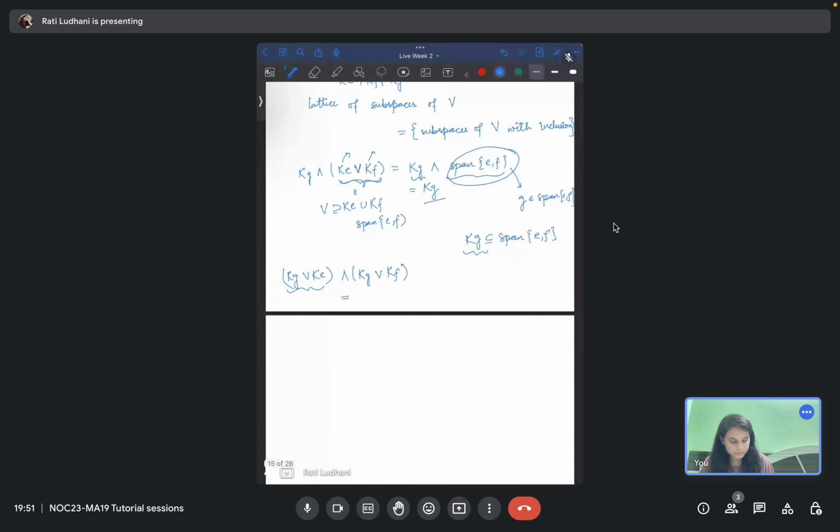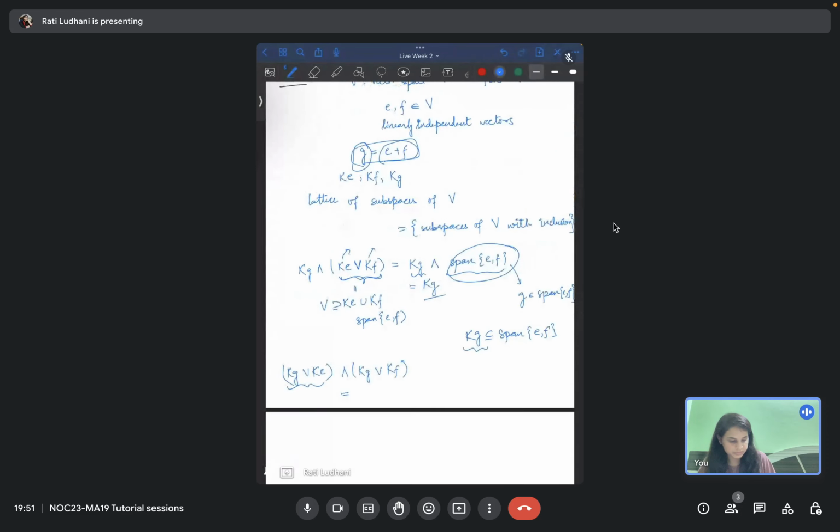So again, if you see, G is equal to E plus F. Since E and F are independent, G and E have to be independent, because otherwise, if KE is contained in KG, or KG is contained in KE, then the bigger one has to have an F element, which will be a contradiction, because E and F are independent elements.